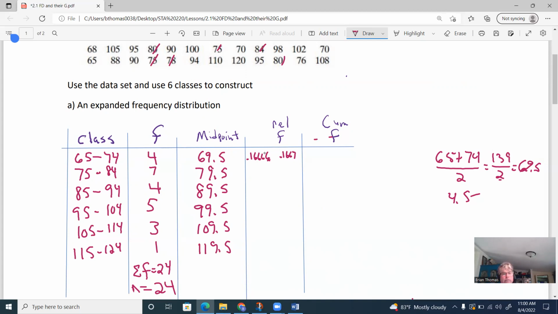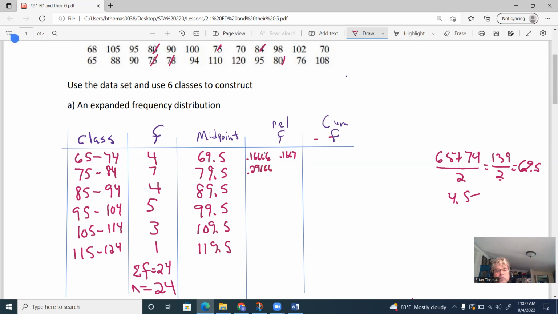I have 7 as the frequency. If I divide 7 by 24, again, I have to go 5 decimal places to round to 4 decimal places. So I have 0.29166.